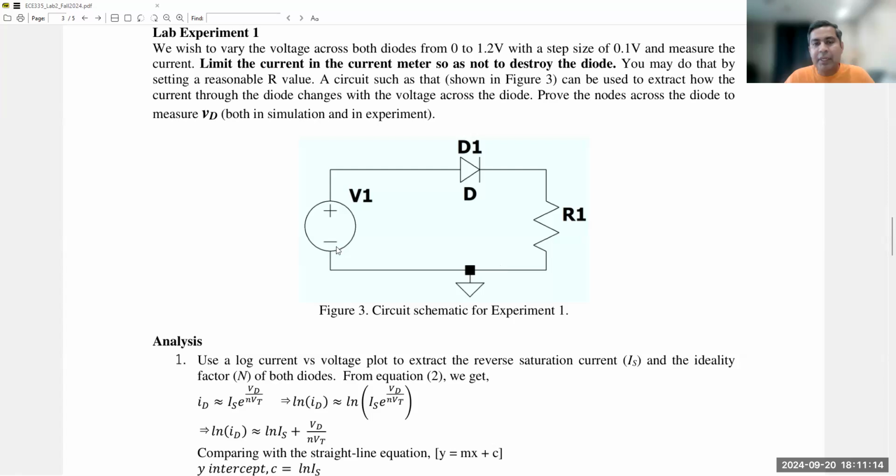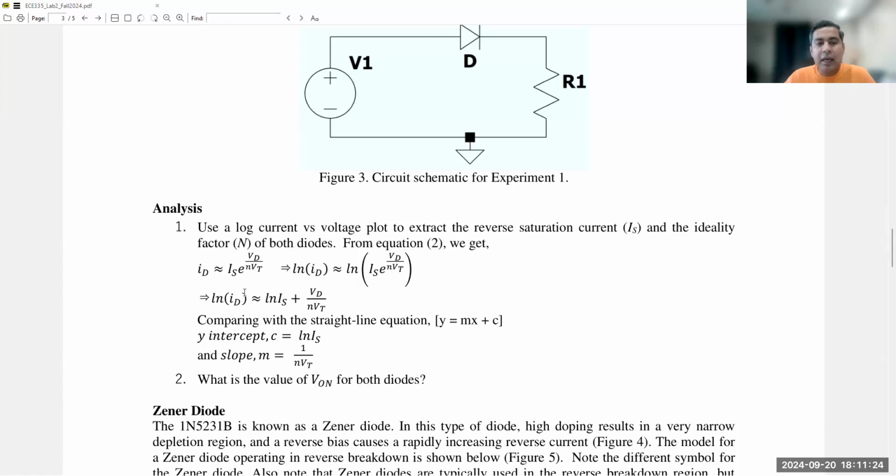So that's pretty much how you run the simulation. You would have to repeat the same thing for the Zener diode, but in the reverse bias condition. Once you run the simulation and you get the ID versus VD plot, then you can actually find out the values of IS and N from your simulated circuit. The way to do it is explained here. You can take the natural log of your current.